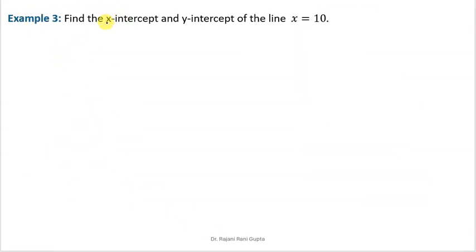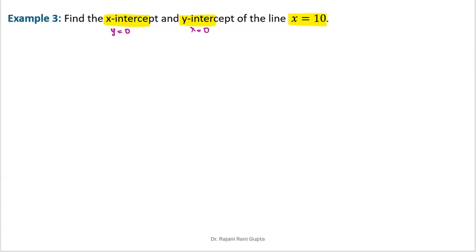Here they are asking to find the x-intercept and y-intercept of the line x equal to 10. So it is x equal to 10. There is no y, correct? Because for the x-intercept we are substituting y equal to 0, and for the y-intercept we are substituting x equal to 0. So there is no y.